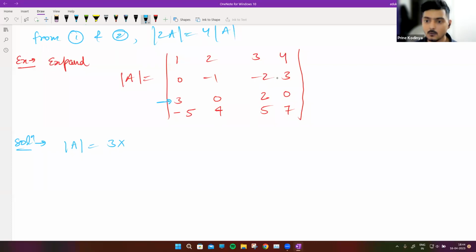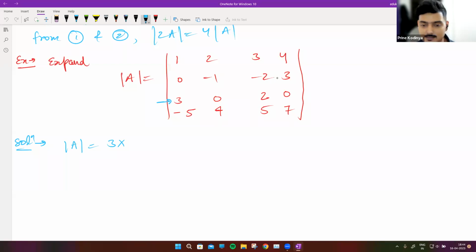Now for the cofactor of 3, just delete this column and delete this row. What did you get? This is a 3 cross 3 determinant. To solve that 3 cross 3 determinant, you have to again expand it. So basically your procedure is lengthy, but it did not change. The only thing is that the procedure is more calculative this time.